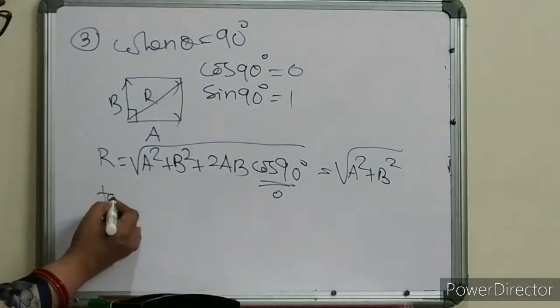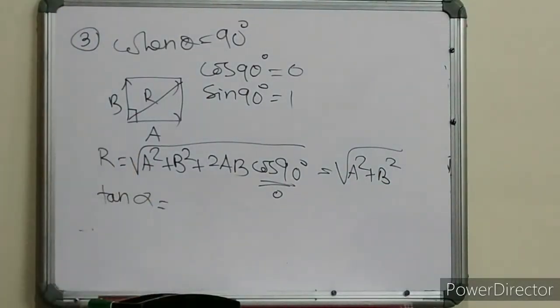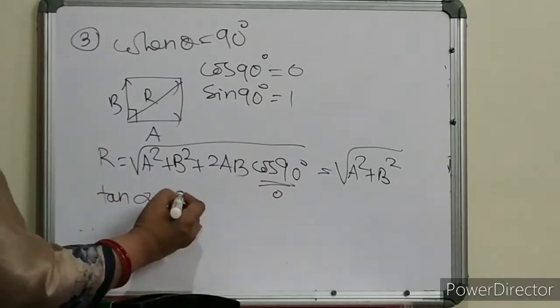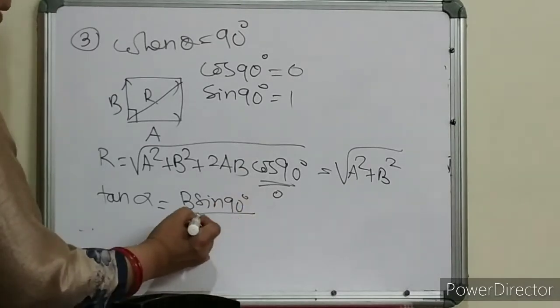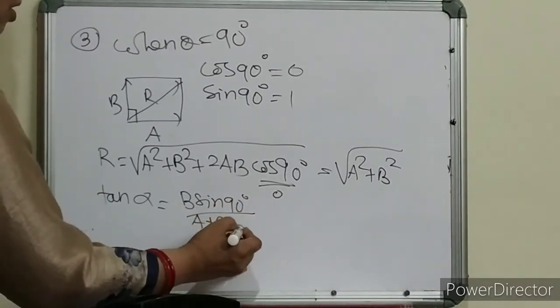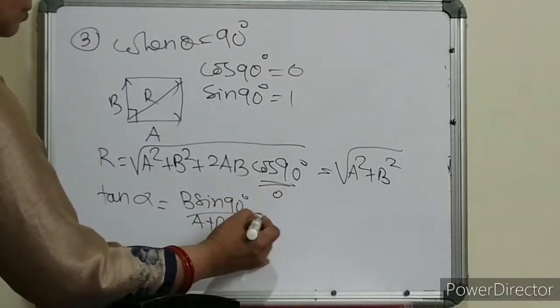What is tan alpha in this condition? Tan alpha will be B sin 90 divided by A plus B cos 90.